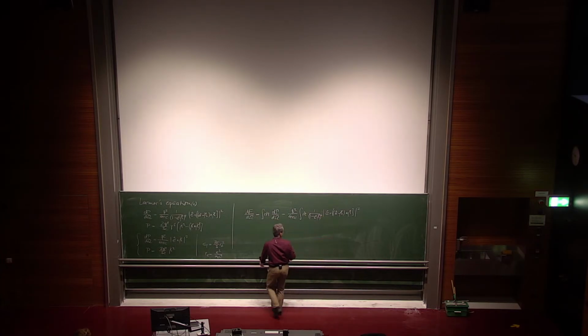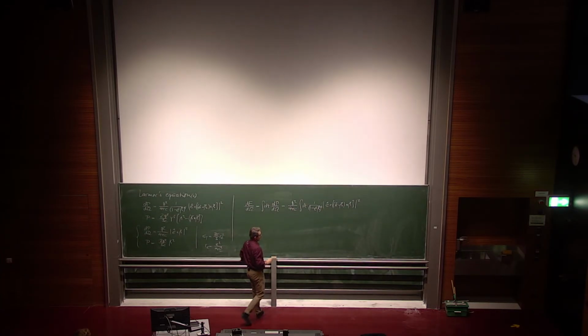Now I'm going to use Plancherel's theorem. I'm calling this expression here f of t absolute square. Then I can write this by Plancherel's identity as f twiddle of omega absolute square.